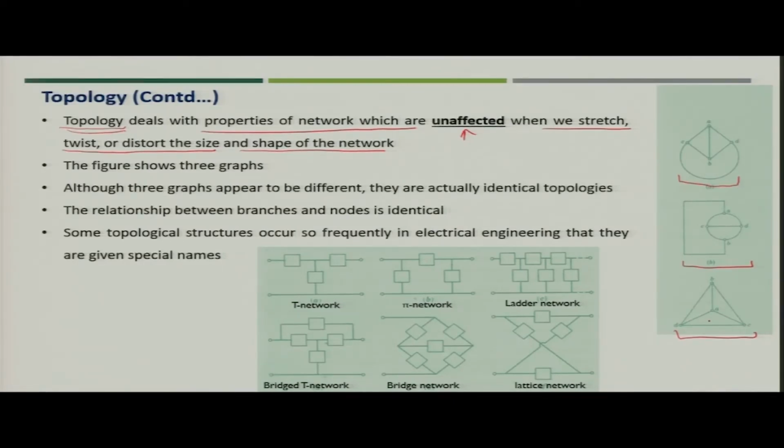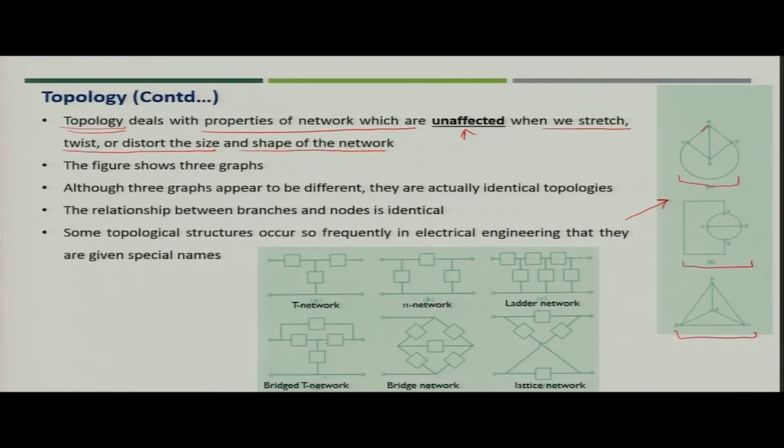Now, at first look all three seem different, but eventually all three circuits are the same. Why? Because the connectivity information in all three topologies is the same.